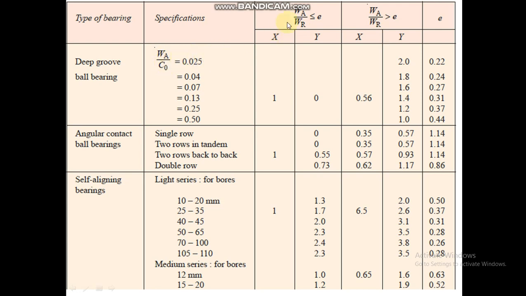If these values are known to you, only then you can find X and Y. But WA by C naught, we haven't been given the value of C naught, so this is our assumption. C naught we will assume from our side. Whereas WA and WR are given to us, so there is no problem.